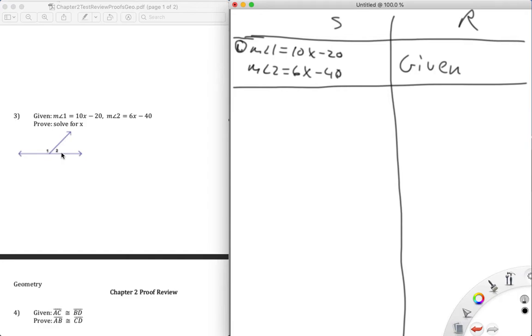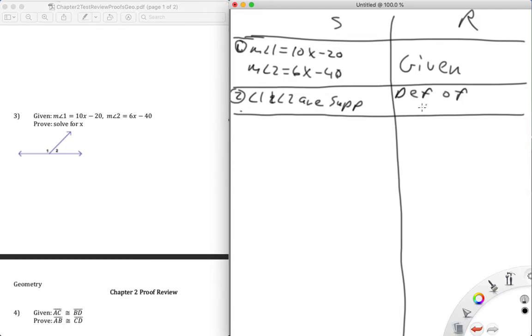So I can say that angle 1 and angle 2 are supplementary, because of the definition of linear pairs, which says that if they're linear pairs, they form a straight line, which are supplementary.